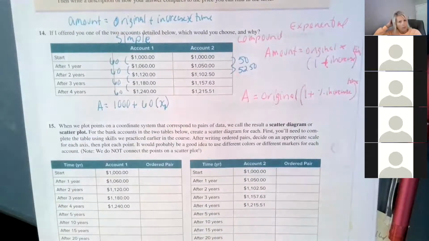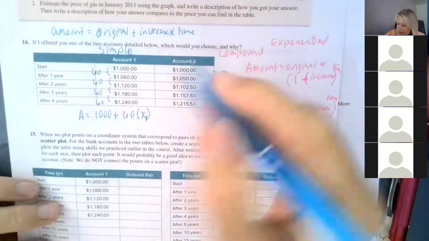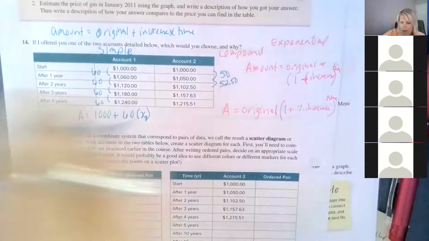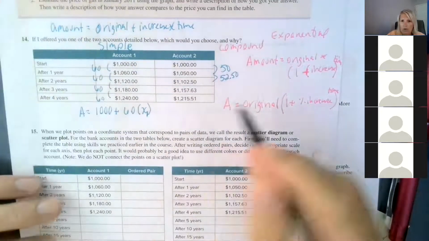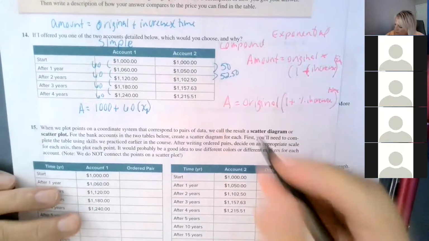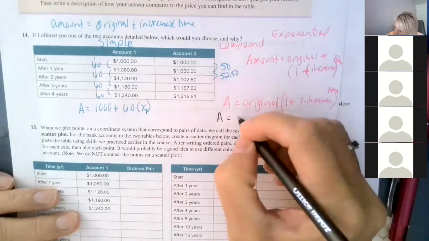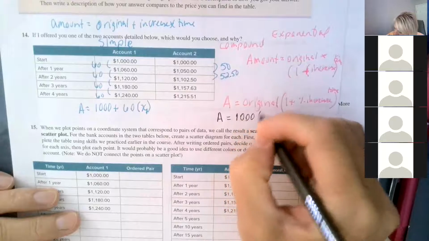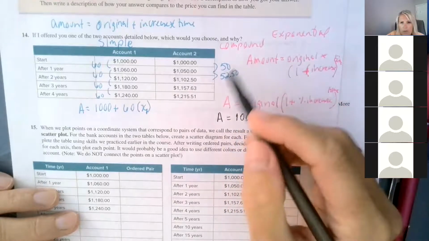So can we put numbers to this? And now remember I said this looks awfully like what we did on Tuesday in class. So what was our percent increase then? So we started with 1,000. Does anybody remember the percent increase?